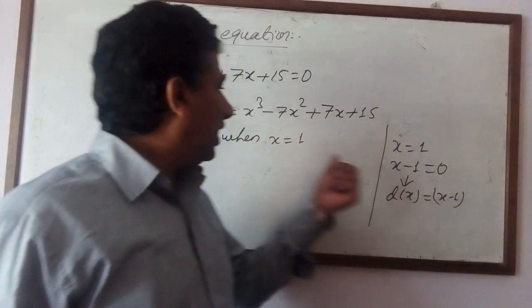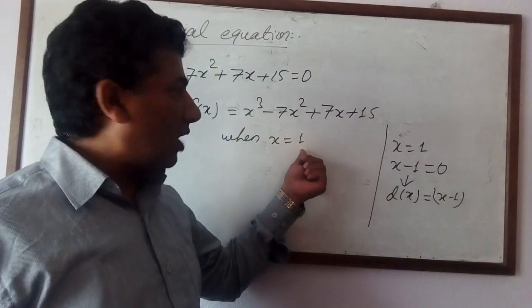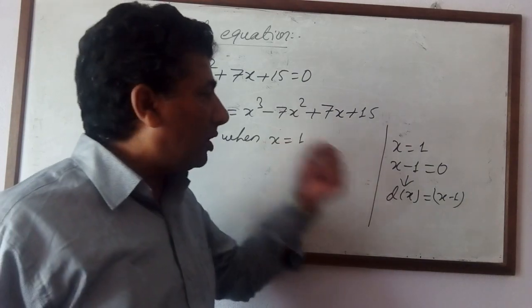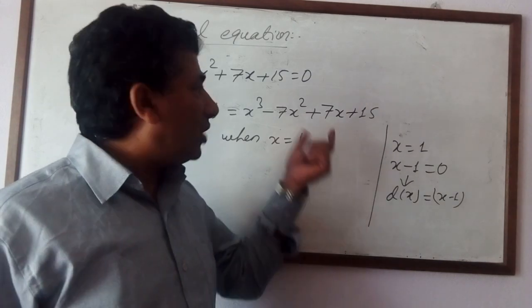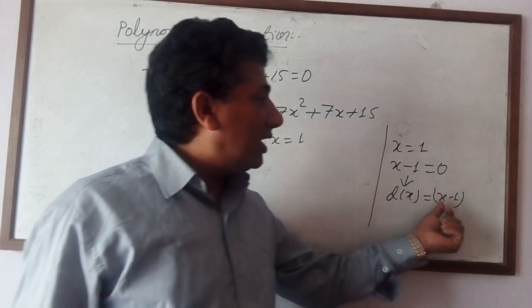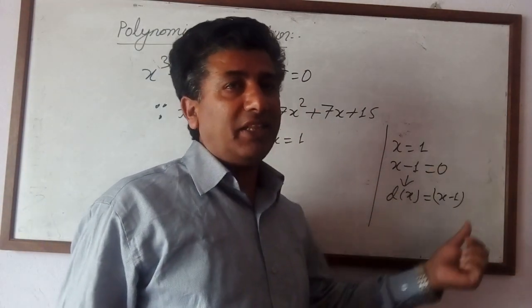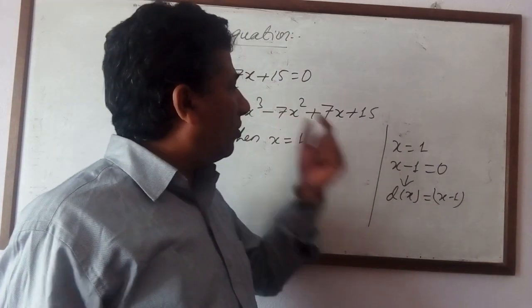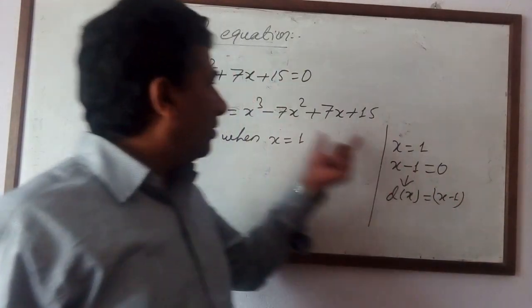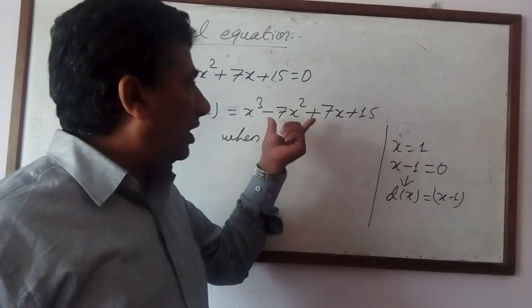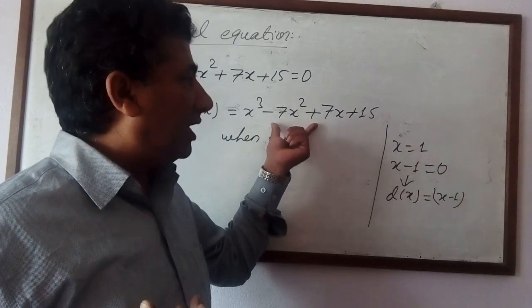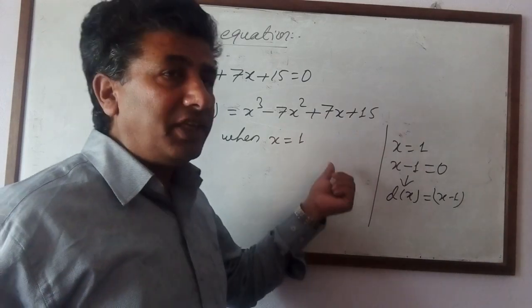It means x equals 1 means we are dividing this polynomial by x minus 1. That is the meaning. Now, when we divide this polynomial by x minus 1, whether the result will be 0 or not. When it is 0, then we understand the remainder is 0.